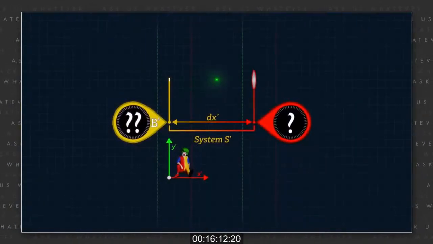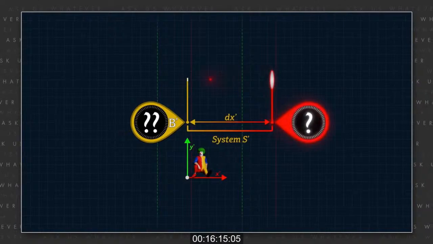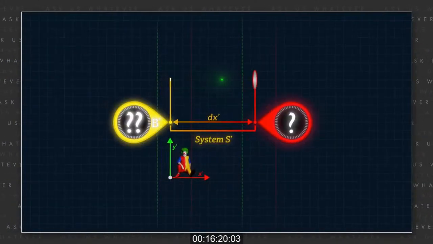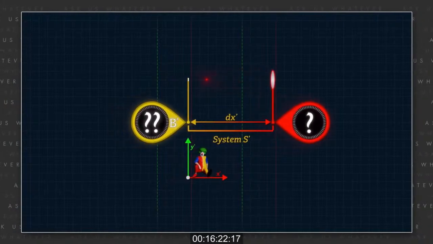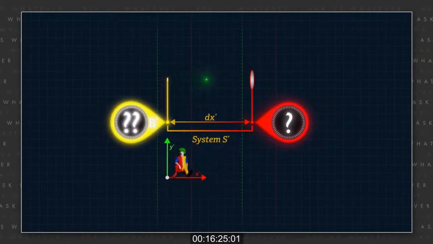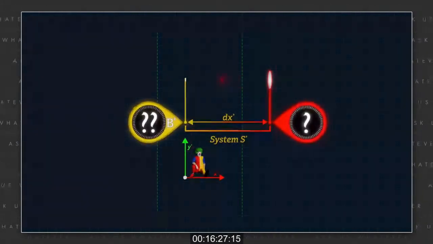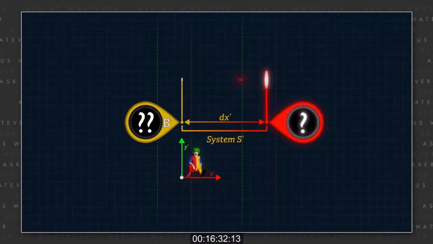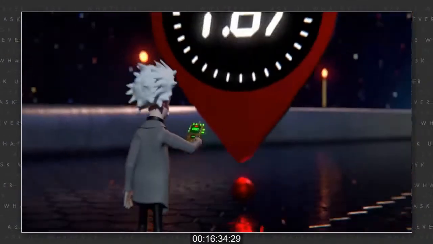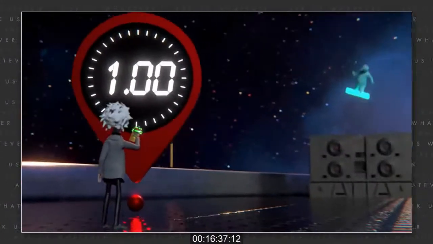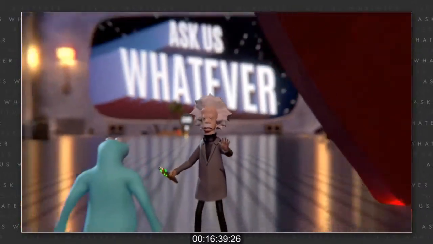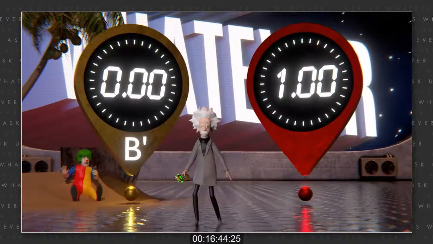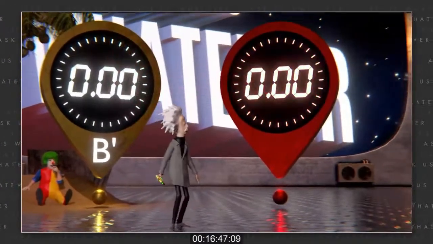The use of distant offset clocks to measure elapsed time can deceive observers in system S prime into believing that identical downstream and upstream speeds are not identical, or that non-identical downstream and upstream speeds are identical, which is the trick that Einstein used to convince observers in moving systems that light travels at a constant speed c in either direction. And unless one intends to manipulate time measurements to satisfy some preconceived postulates, there's no need to use distant offset clocks to measure speeds and times when local measurements will suffice.